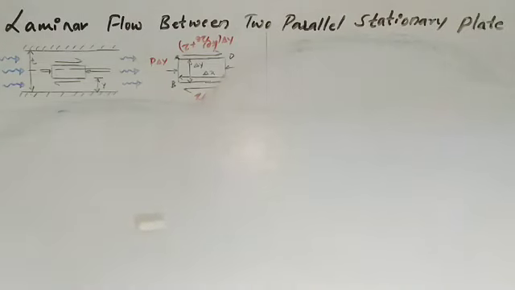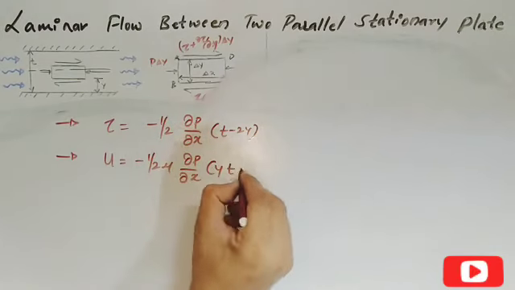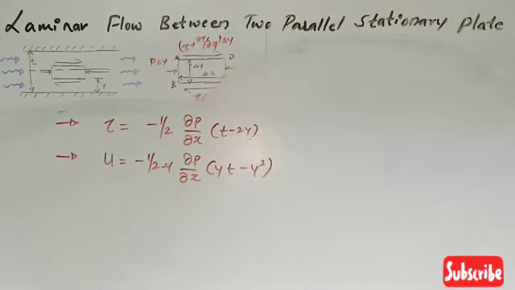Now what is the velocity distribution? The velocity distribution for this condition is u equals minus 2 mu dou p by dou x into (yt minus y square). So this is the velocity distribution.